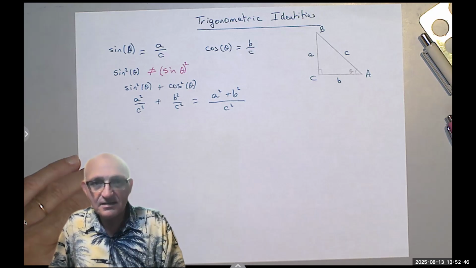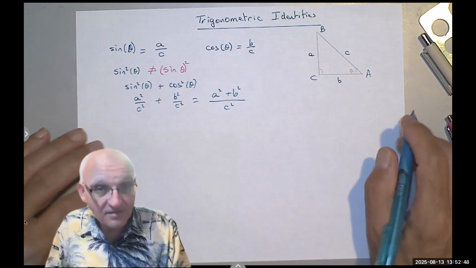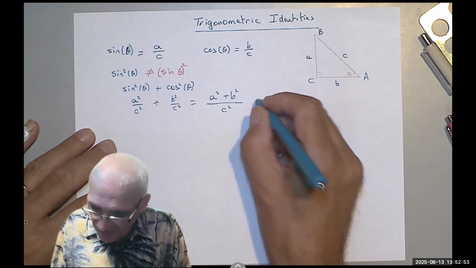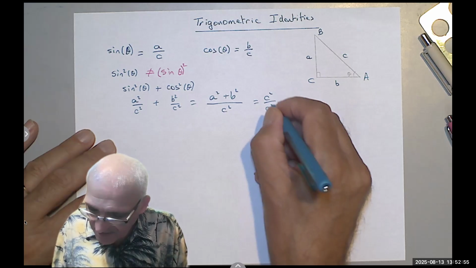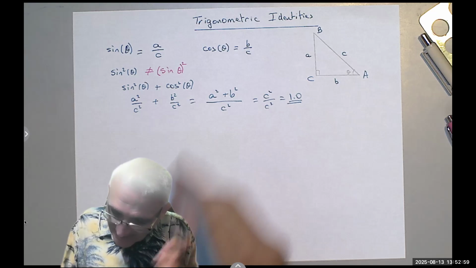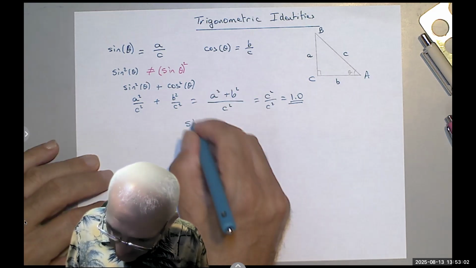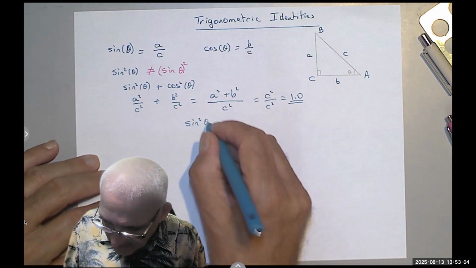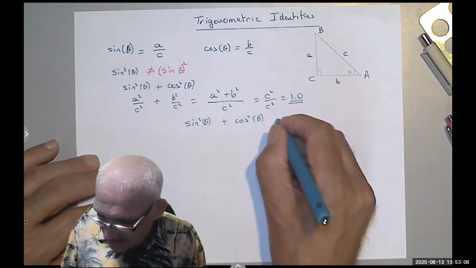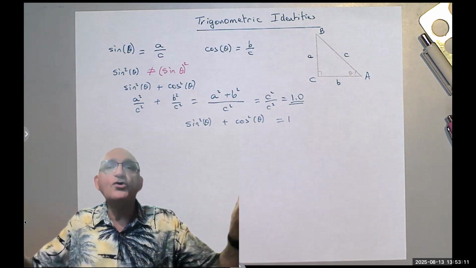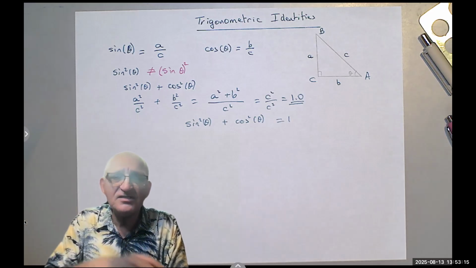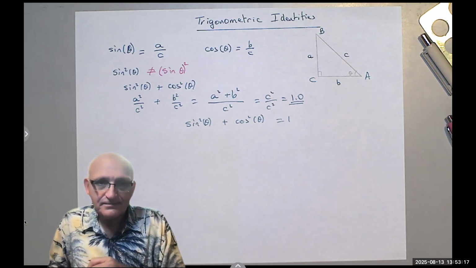Pythagoras' theorem says that a square plus b square equals c square. So this is c square over c square equals 1. And this is the first identity: sine square theta plus cosine square of theta equals 1 for all theta, whatever the angle is. Acute, obtuse, 90 degrees, 0 degrees, anything.